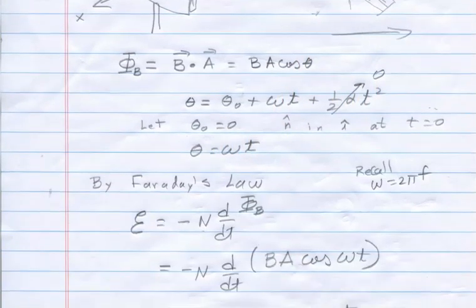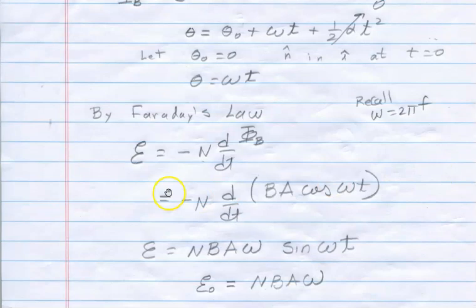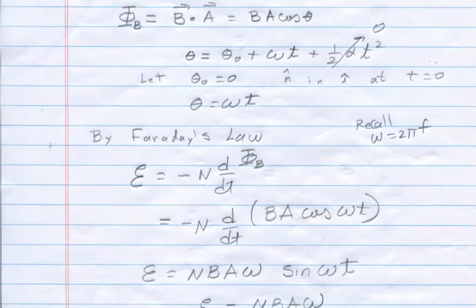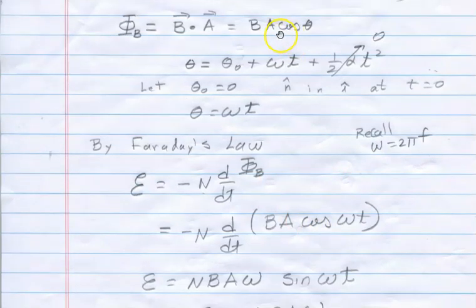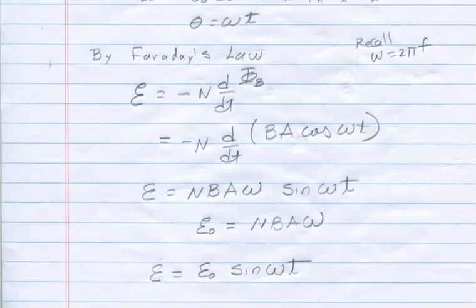By Faraday's law, in the form that I've been using it, the EMF induced in the coil is equal to minus the number of turns times the time rate of change of the magnetic flux through one of the loops of the coil. We just plug in our expression from above, B A cosine theta with theta equal to omega t. B and A are constant.